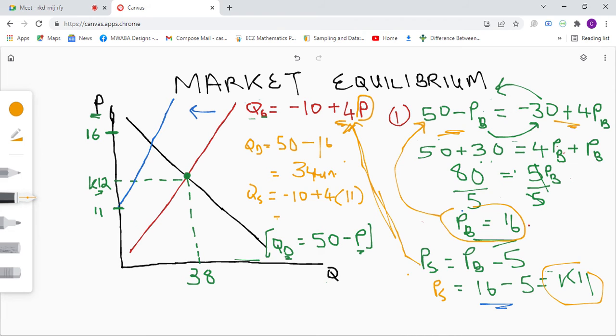Negative 10 plus 44, you get 34. Okay. So the quantity has now reduced from 38. It's now gone to 34 units. So let me make this curve accurate.